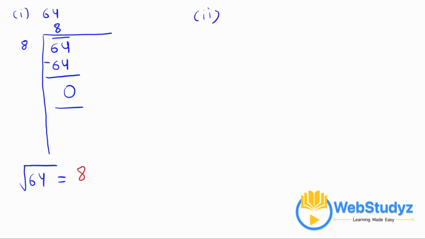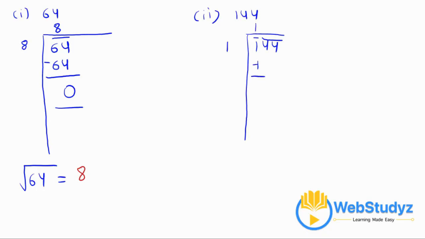Now move on to the second one, which is 144. Making the pair of 144 and applying the division method, we have only 1, which is subtracted from 1.